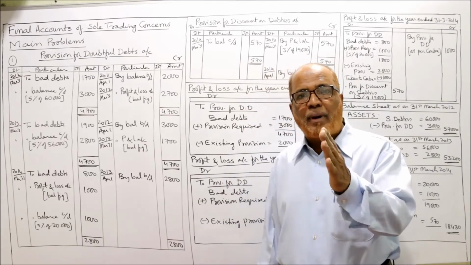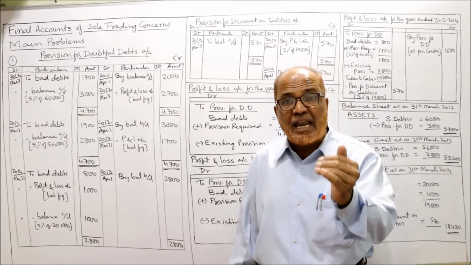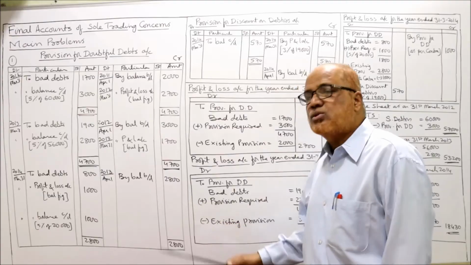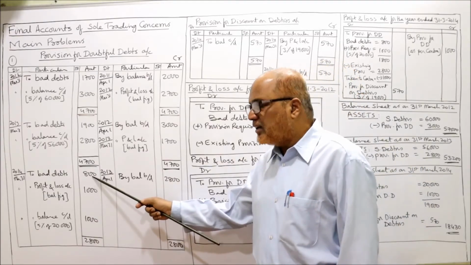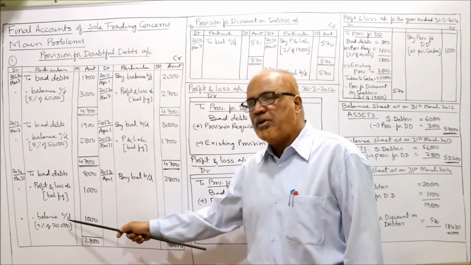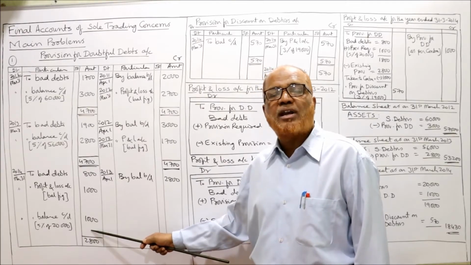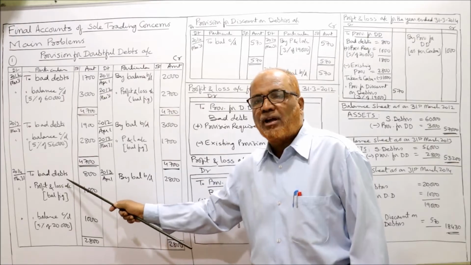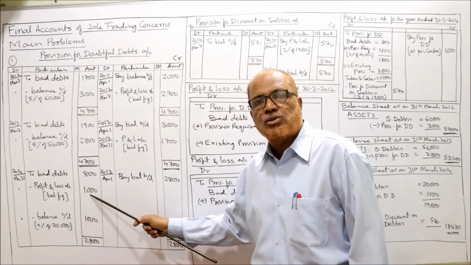So the total of bad debts and current year provision is less than the old provision. Existing provision we have is 2,800. We have only 800 rupees bad debts and 1,000 rupees new provision. That means we are getting the balancing figure on the debit side. So on the debit side you take to profit and loss account the balancing figure 1,000.